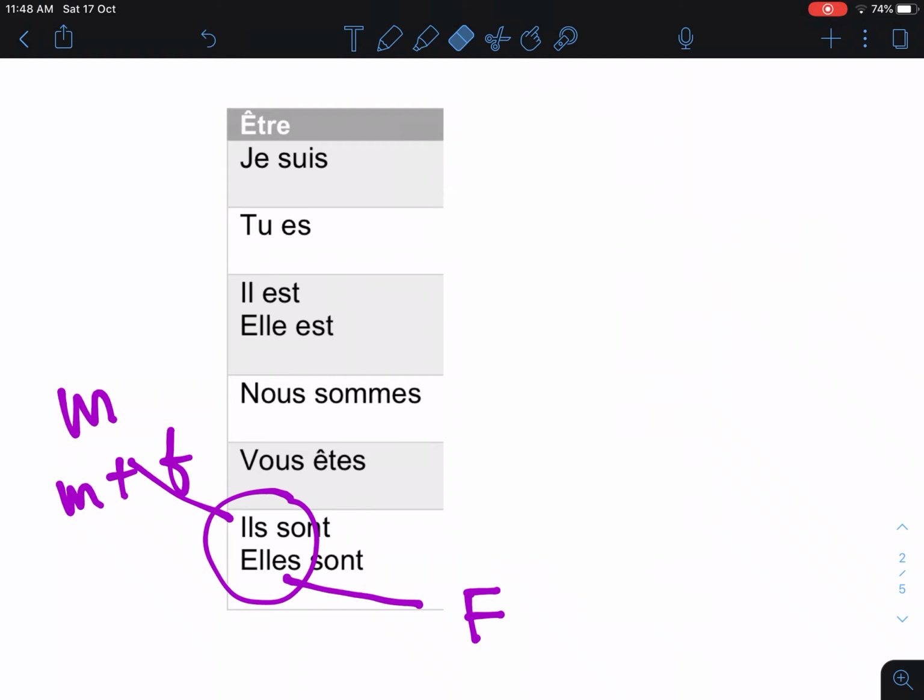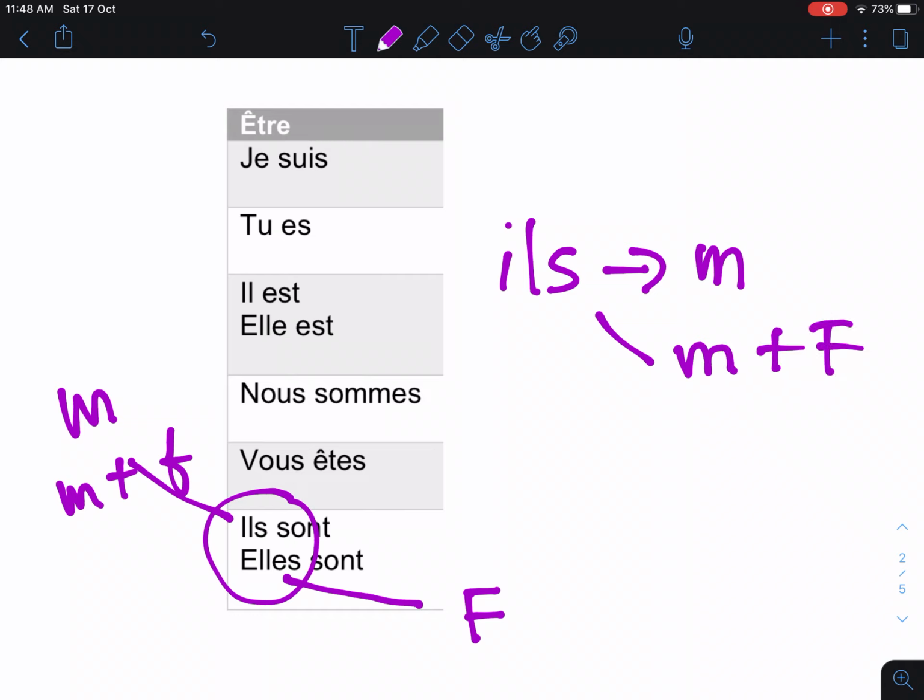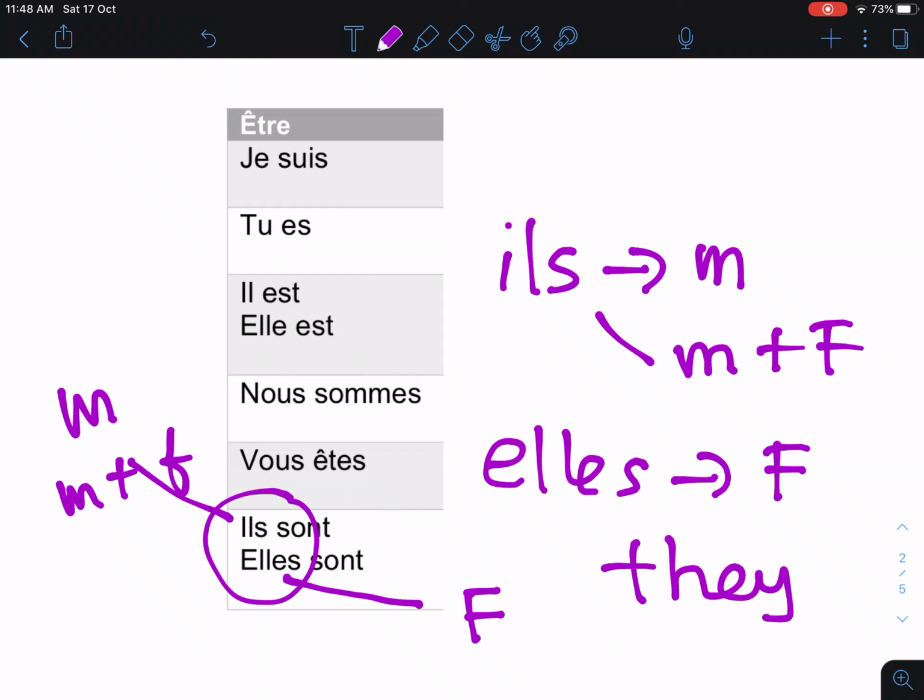Ils can be all guys and guys plus ladies, but elles only for ladies, but both mean they. Okay, all right. Now let's move to the table here.